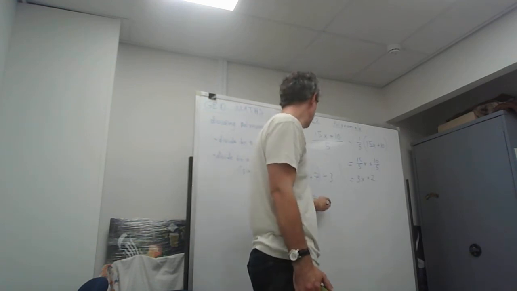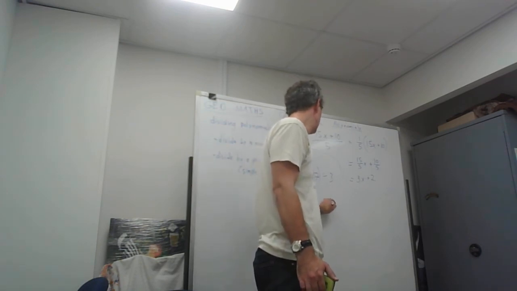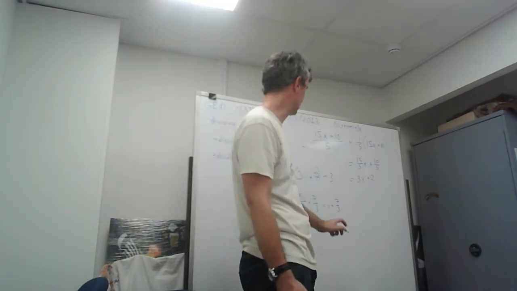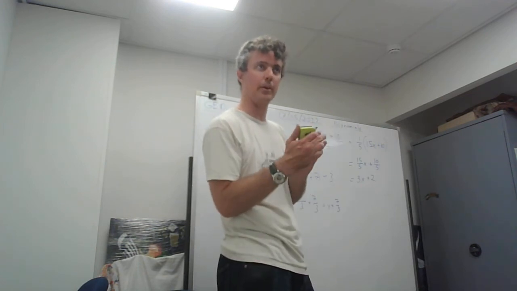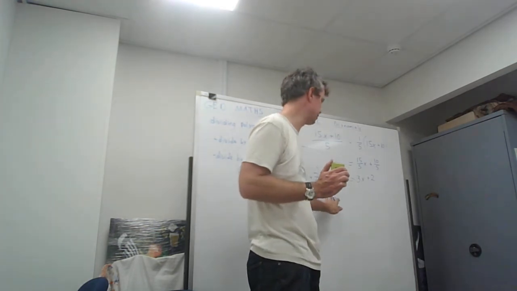And that equals, well, the 3 and 3 cancel, becomes y plus 7 over 3. Because you just leave this one as a fraction. If you can't divide the number, leave it as a fraction. But the important thing is you do each term.